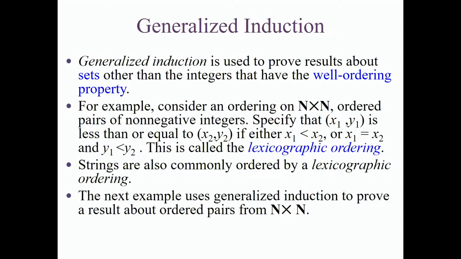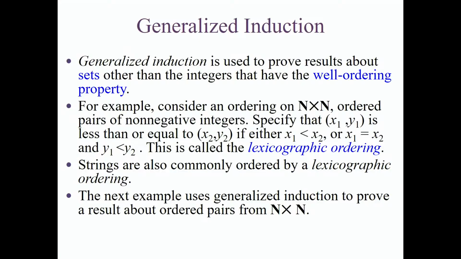We can compare real numbers x1 and x2, y1 and y2, but we cannot directly compare a pair of numbers. So here we have the definition of how we compare the order or sequence, which is larger and which is smaller. We call this lexicographic ordering.